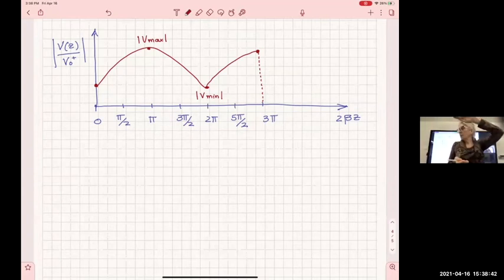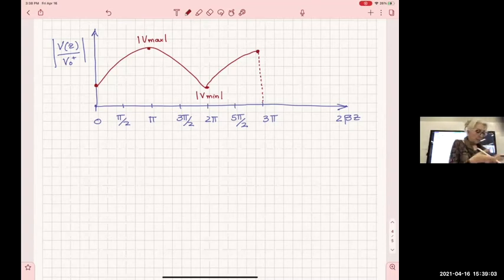So the distance between the minima and the maxima becomes bigger when the load becomes bigger compared to Z naught, and the distance between the peaks and the valleys goes smaller if your load goes closer to Z naught.